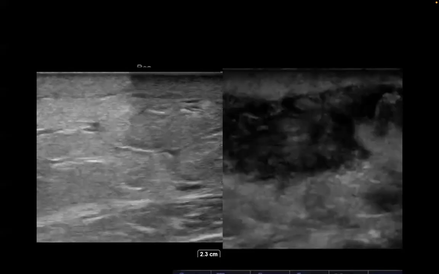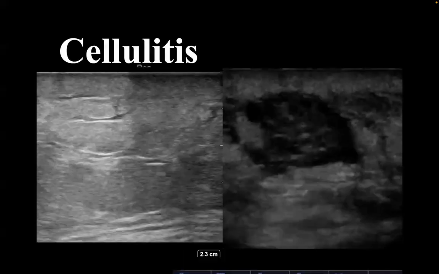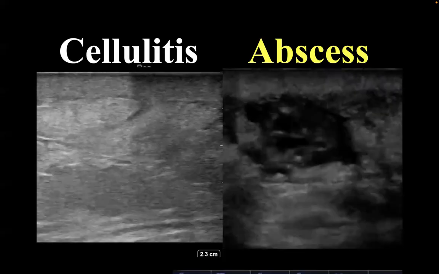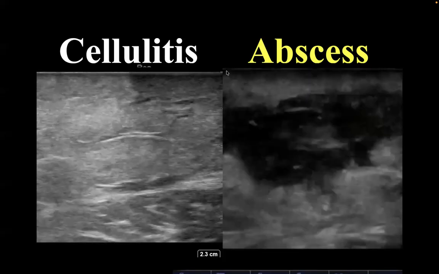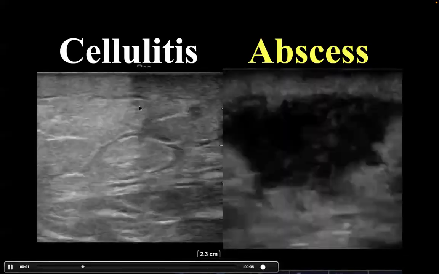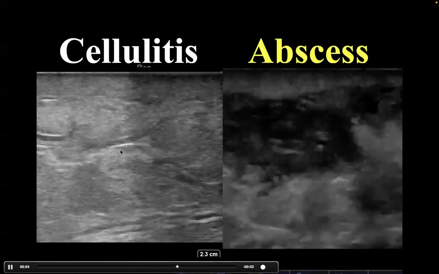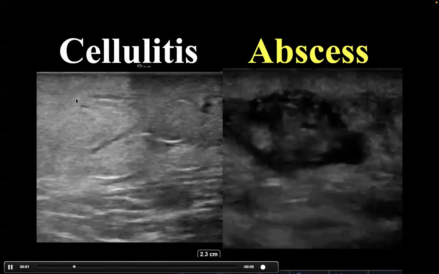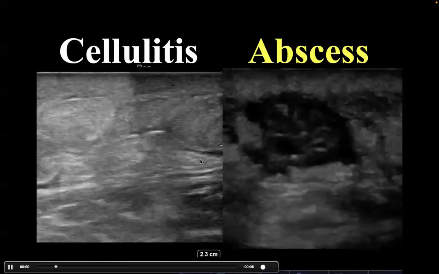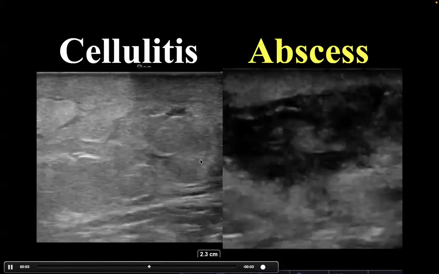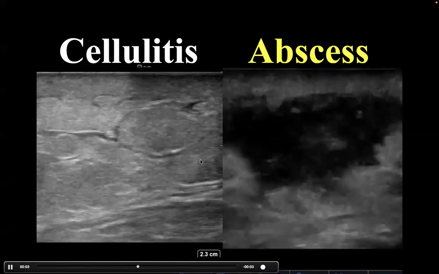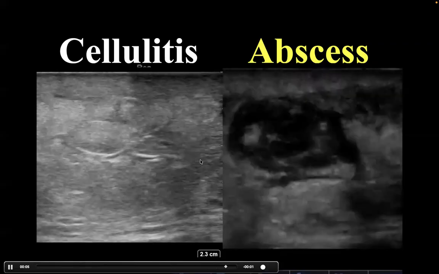The differentiation between a cellulitis and an abscess is very easy to tell. As you can see, it is widely different between cellulitis and abscess on the left versus on the right. On the left is what's called cobblestoning, which is when fluid interdigitates itself between globules of fat, and fluid, as you remember, is black. This is reminiscent of cobblestoning, and so this is what's called the cobblestoning appearance of cellulitis. That's not to say only cellulitis causes this appearance.